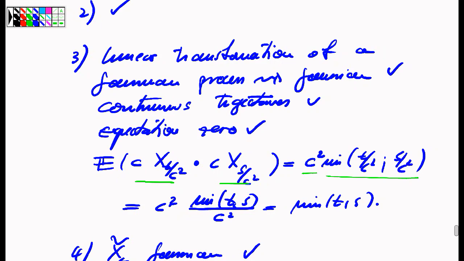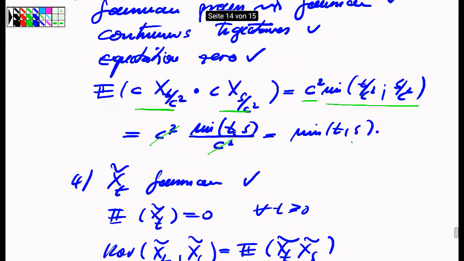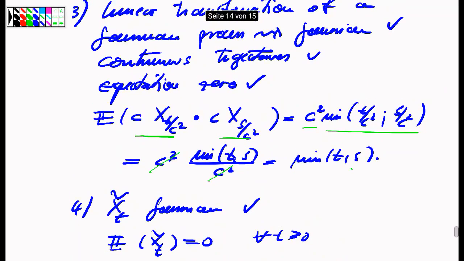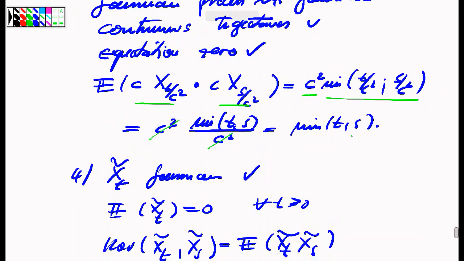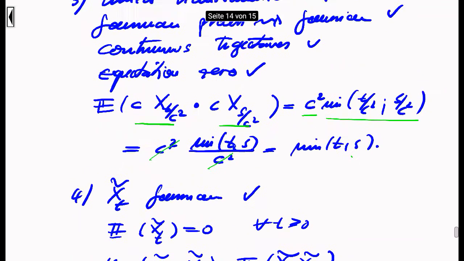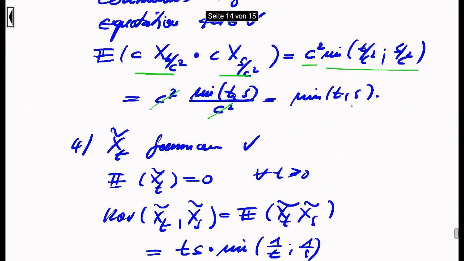The minimum of t over c squared and s over c squared is, of course, the minimum of t and s over c squared, so we see that the c squared cancel and we get the minimum of t and s. So therefore, this is also a Gaussian process with covariance function minimum of t and s. Okay, so therefore it's a Brownian motion. And finally, the 4th construction.